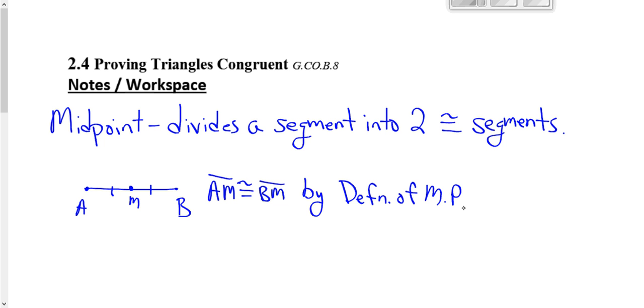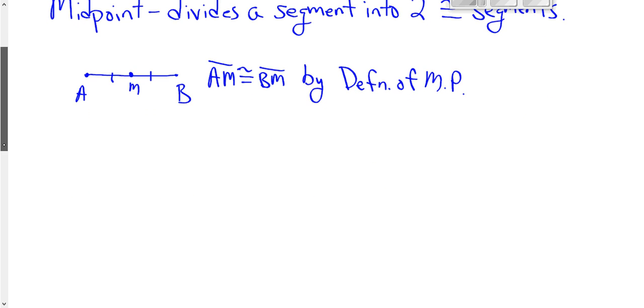You split a segment into two congruent segments, right? So let's talk then about angle bisectors. What might that do? Well, it would divide an angle into what? Two corresponding angles.